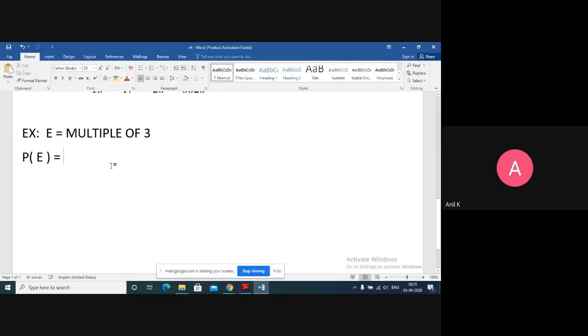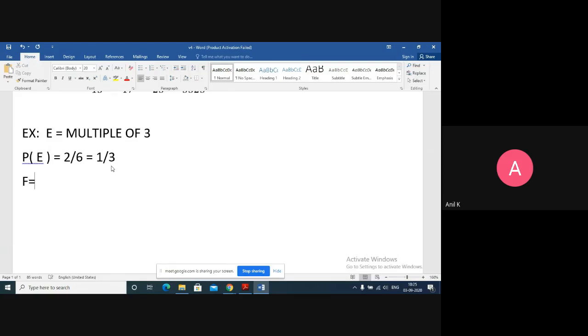I throw a single die. What is the probability of E, a multiple of 3? They are 3 and 6, so it is 2 upon 6, which equals 1 upon 3. There are only two multiples of 3.